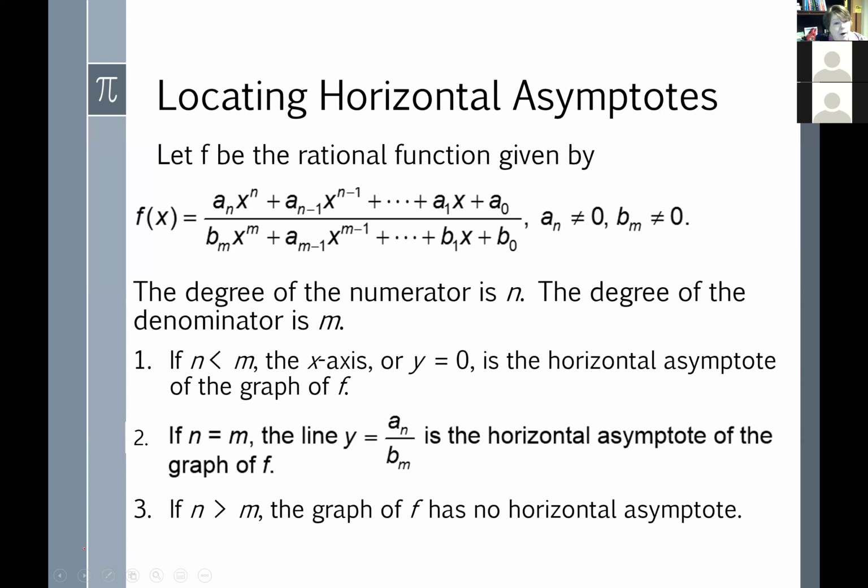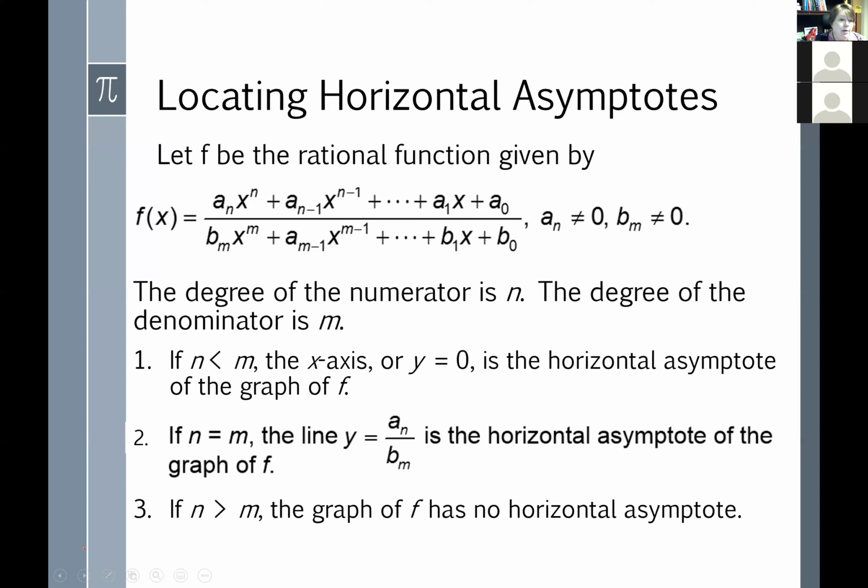Then compare the degree of the numerator to the degree of the denominator. So if the degree of the numerator is less than the degree of the denominator, this is number 1, then the x-axis, or y equals 0, that is the equation that describes the x-axis, is a horizontal asymptote.